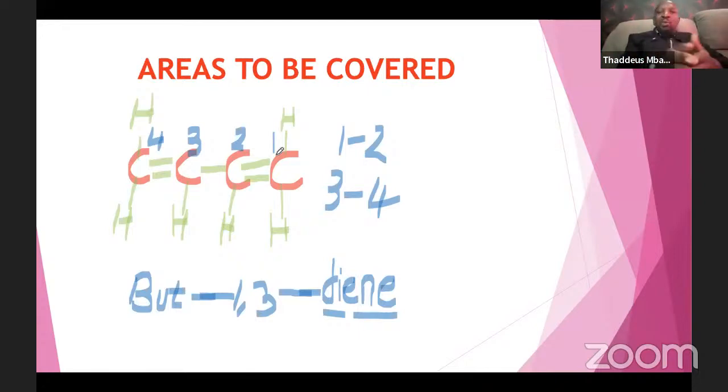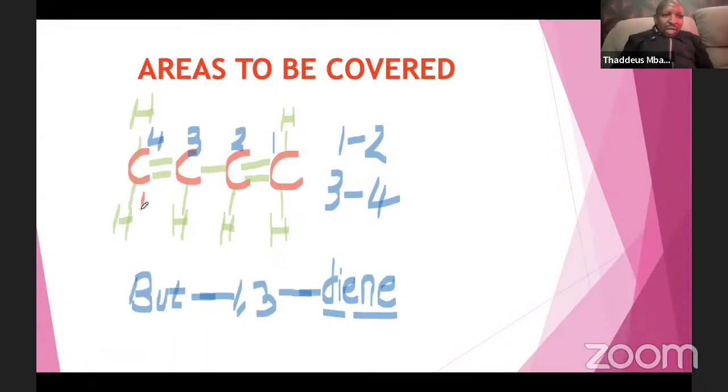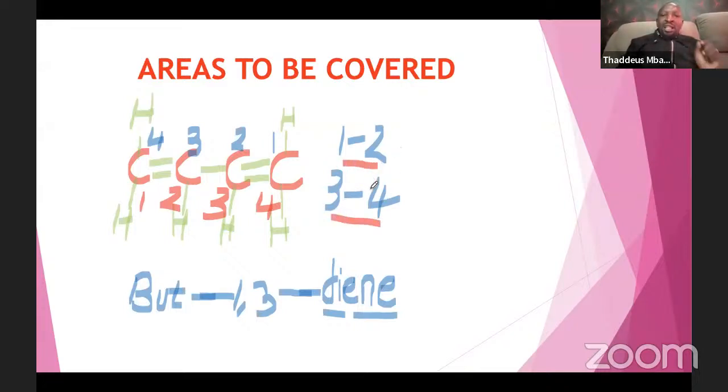But on this end, we can count from any side. Because we can also count 1, 2, 3, and 4. So whether you start counting from the right or from the left, we still have the double bond between the first and the second, and the third and the fourth.